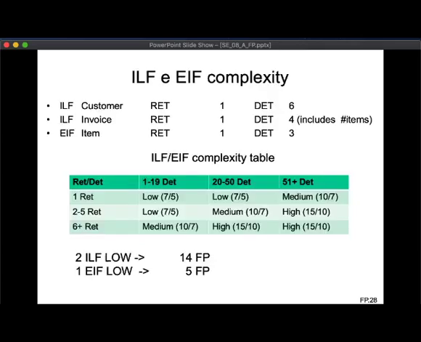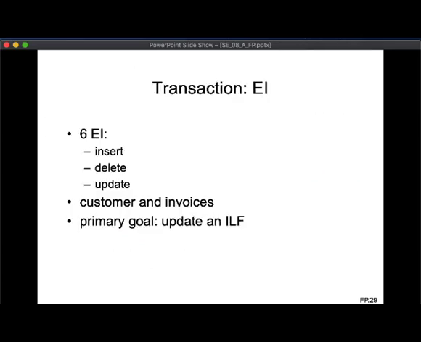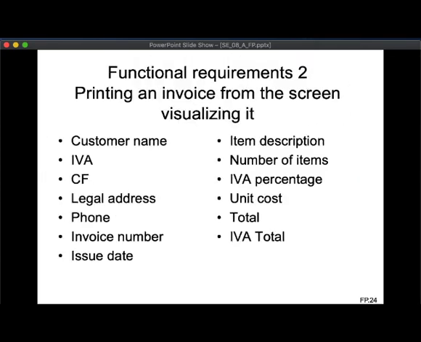Now let's see the transactional part, and in particular let's start to consider the external input. For the transactions, looking at the requirements, we have 6 external inputs. Why? Because we need to do the insert, the delete and the update both for customer and invoice, as it was written in the specification.